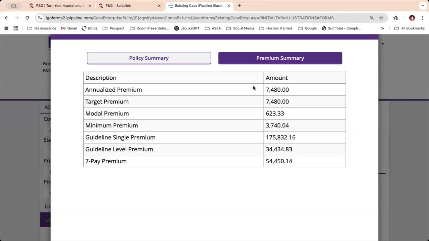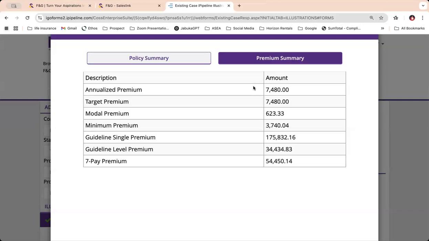So with the premium summary, you tell your client the annualized premium. This is how much they have to pay in the 12 months of their policy, which is 7,480. Now the target premium is still the same amount of money that they can pay annually.